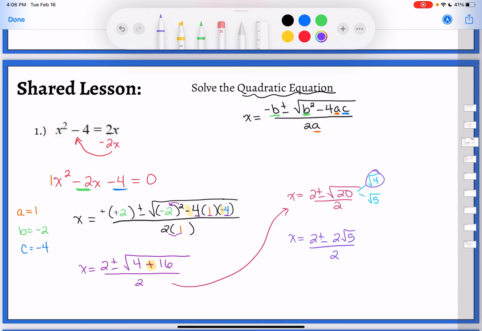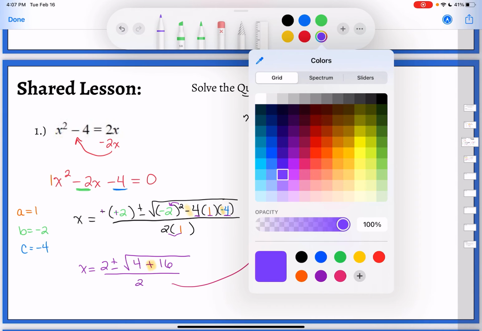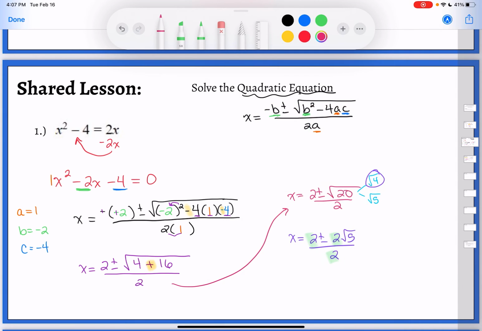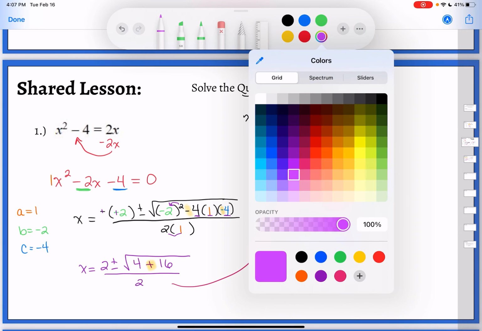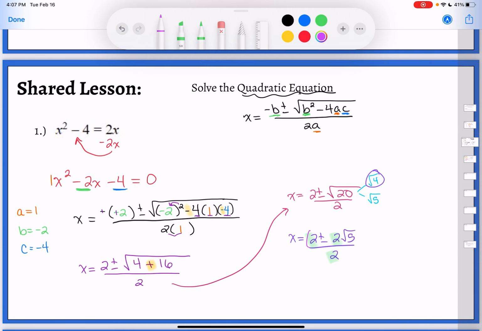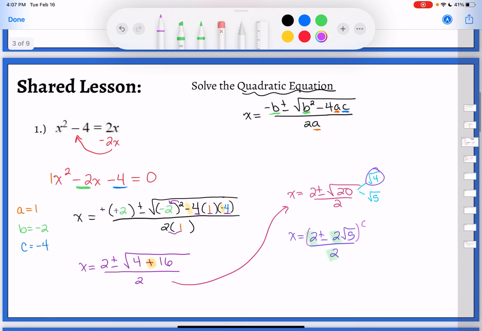Now you'll see, I got a lot of numbers on the outside here, right? 2 on the outside, 2 on the outside, 2 on the outside. I could simplify all this, but I will say be careful. Please think of that whole top as inside of parentheses. Think of this whole top as one thing, because otherwise it's too easy just to cross off these and not remember that last one. So instead, my suggestion is factor out the GCF of 2.